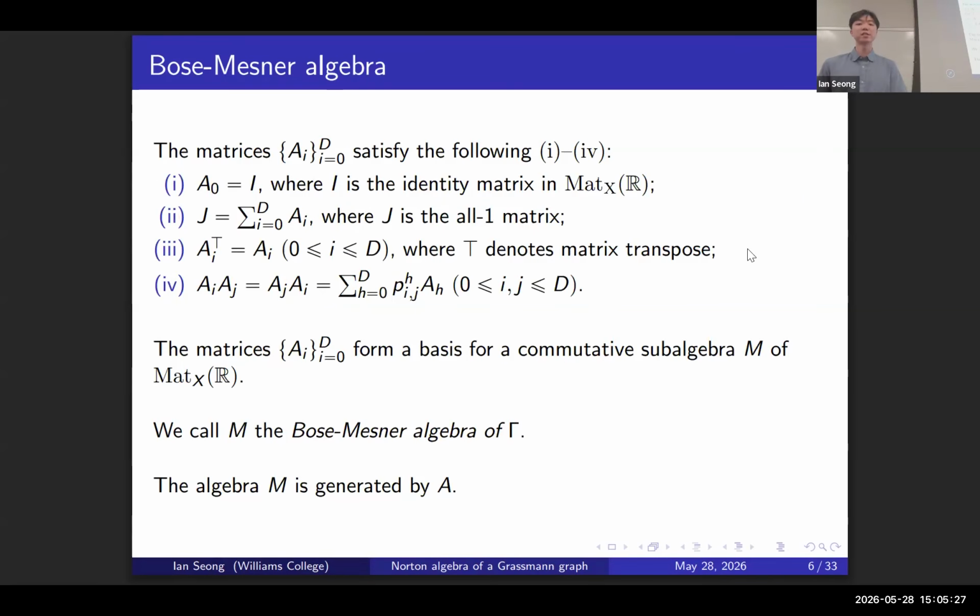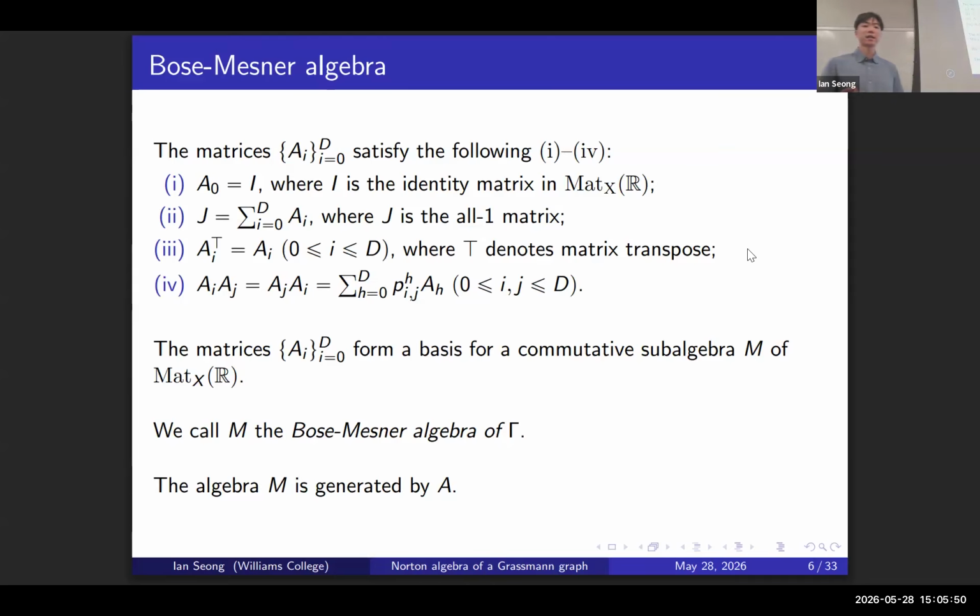All right, now these matrices satisfy the following properties. A_0 is going to be I because it's only the diagonal entries that have entry 1, since we need the two vertices to be the same. And if you add all the adjacency matrices up, then you're going to get the all-ones matrix. And these A_i are symmetric.